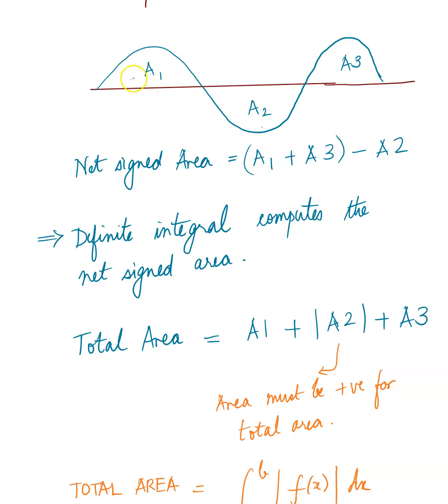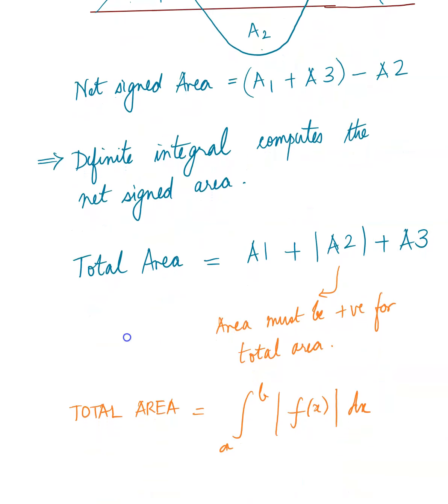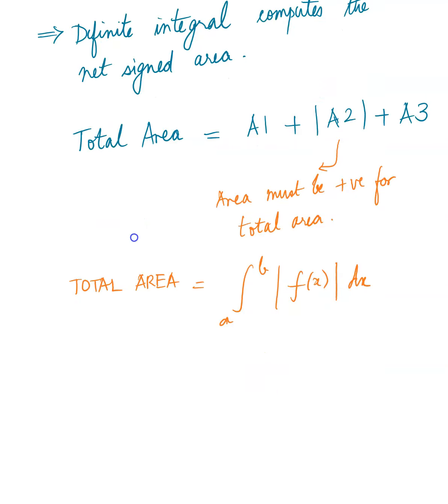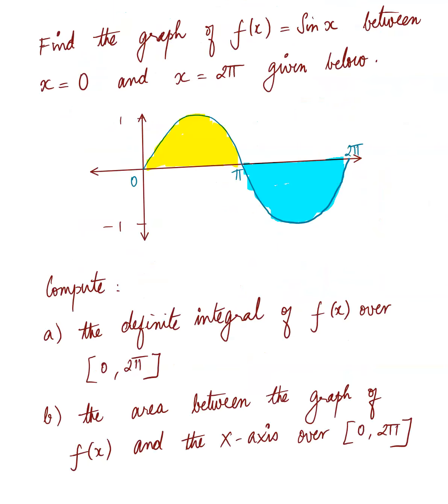If A1 and A2 are the same, but one is above and one is below, we found the definite integral, and because it computes the net signed area, the area above and the area below cancelled each other because of that minus for the negative area, and that gave us a net signed area of 0. And so if we want to overcome that, we want to find the total area, then the definite integral must have the absolute value in it to convert all the negative areas into positive areas.